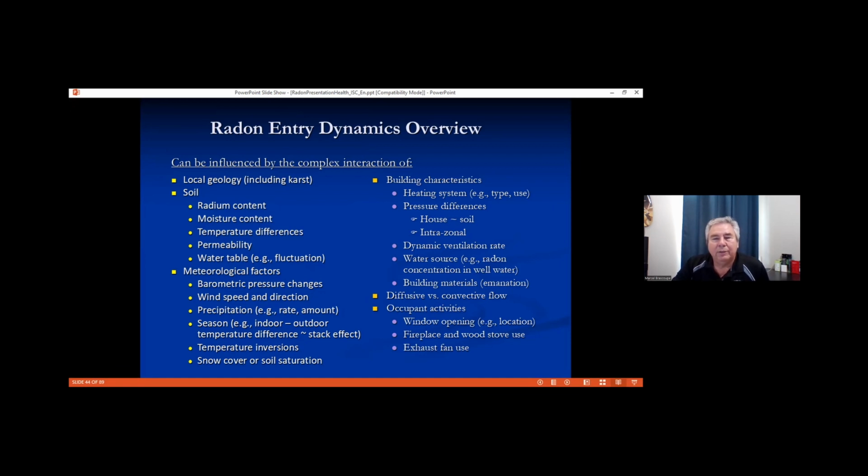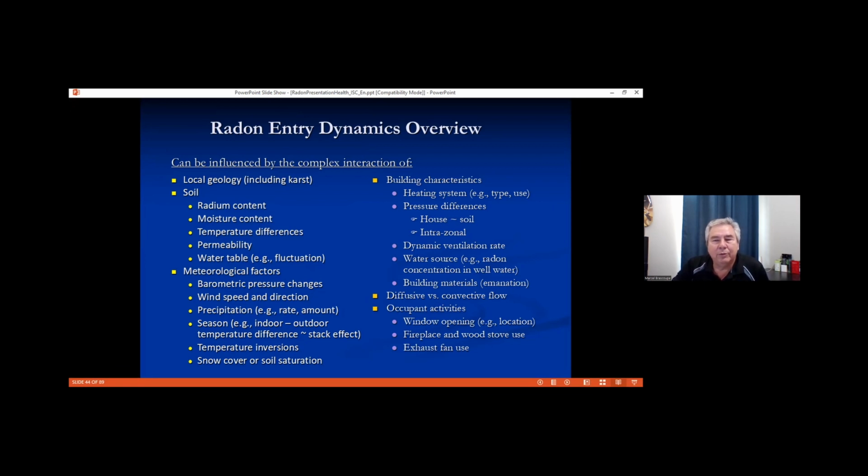Ventilation rate, how much fresh air is getting into your house through cracks in the exterior doors, windows, etc. Your water source. If you have a well, your water's coming maybe from 100 to 200 feet underneath the ground. So we know the radon comes from the ground.